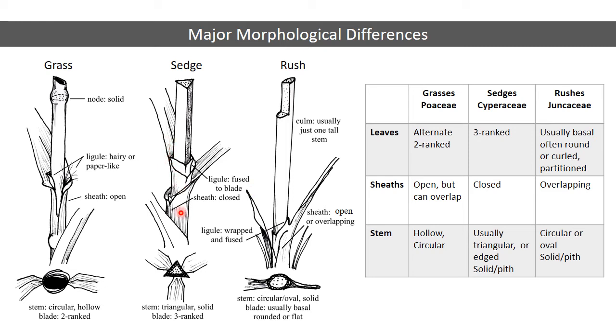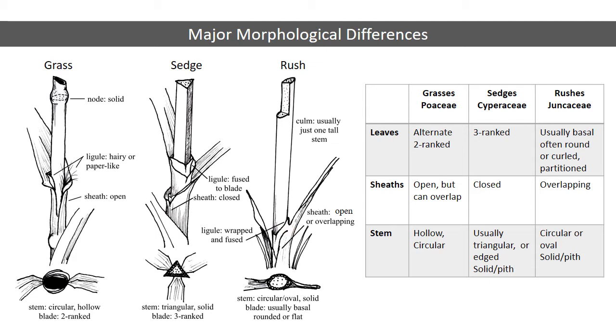So the sheath on sedges is going to be closed, and the ligule is fused to the blade. And on rushes, the ligule is wrapped and fused to the stem, so it's really tight in here. And oftentimes the sheath is open but overlapping, so it's kind of hard to tell if it's open or closed. But if you look at the ligule where it actually comes up to the blade, it's a lot easier.